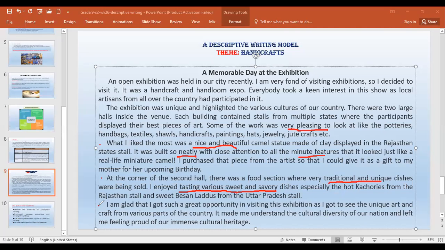It made me understand the cultural diversity of our nation and left me feeling proud of our immense cultural heritage.